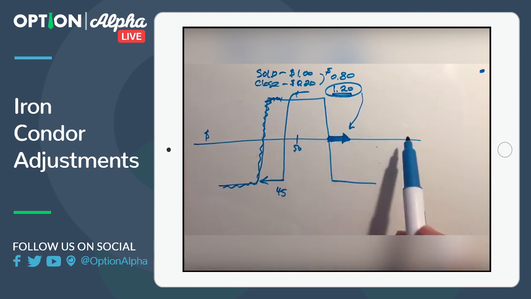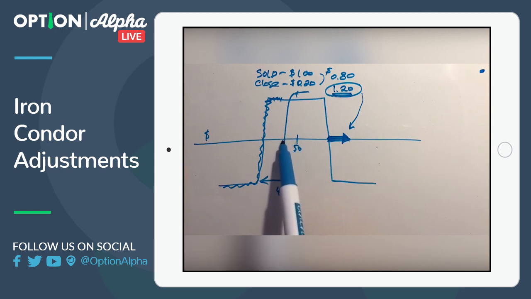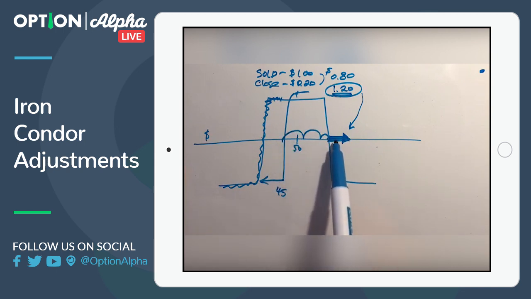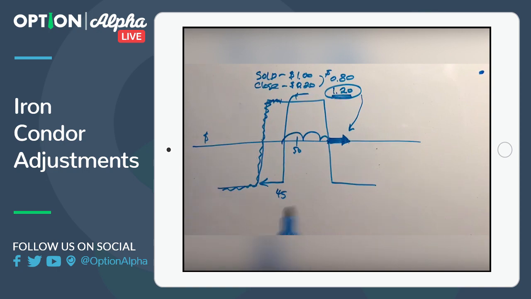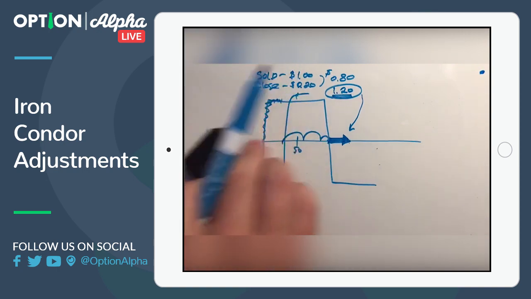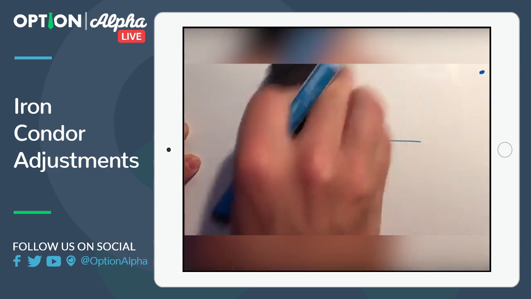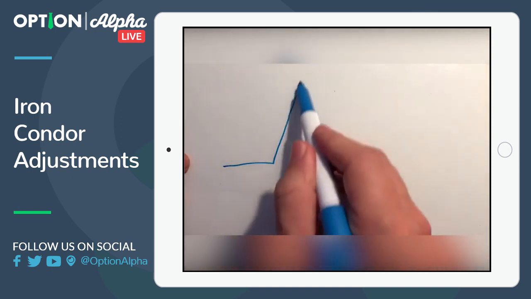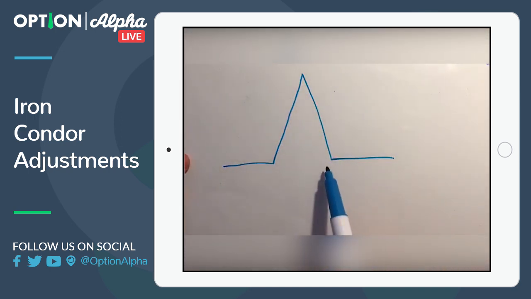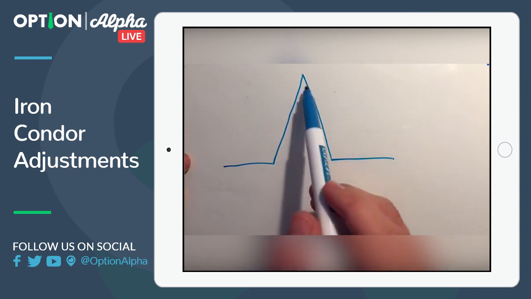And as the market continues to go higher, all you do is continuously adjust the put spread side higher and higher and higher, right? Now, what we suggest is you generally, although we do it sometimes, don't go what's called inverted. What I mean by going inverted is that you don't want to have your put spread side be higher than your call spread. You want to generally roll and adjust until you get into this type of payoff diagram, which is an iron butterfly.